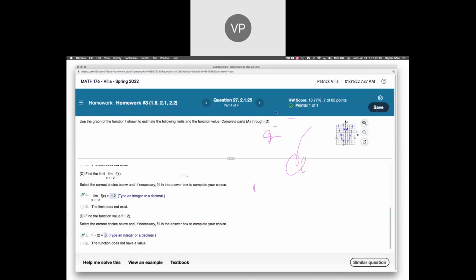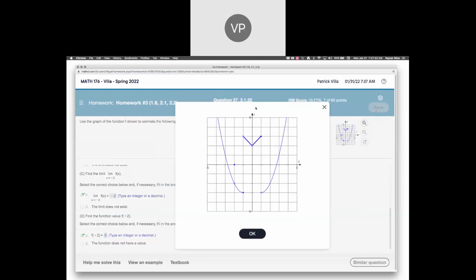Now, before I go on to the next question, we kind of got an easy one on that one, but let me ask the same question. Looking at this graph, let's make this bigger. If they said, what's the limit as x approaches 1 of the function? So looking at my function here, here's 1 right here.